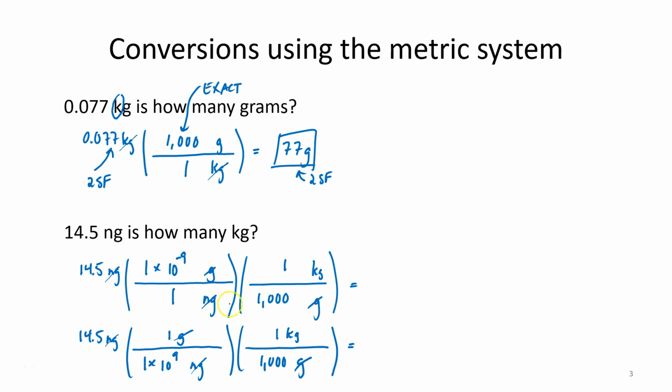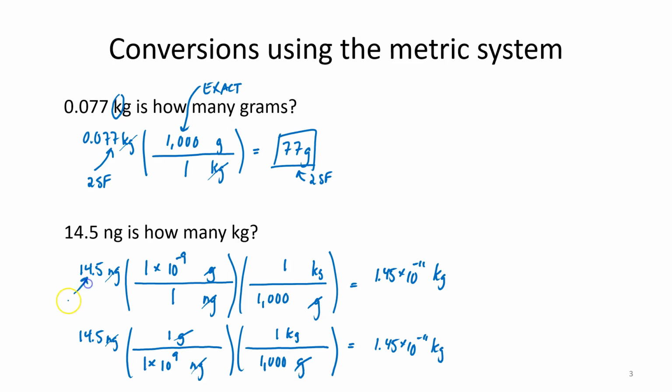I'll solve it using this way on top, and then I'll compare it to what I get on the bottom. Okay, I got 1.45 times 10 to the negative 11th kilograms. And let me see if I get the same thing when I use this definition. Yep, same thing. 1.45 times 10 to the negative 11th kilograms.